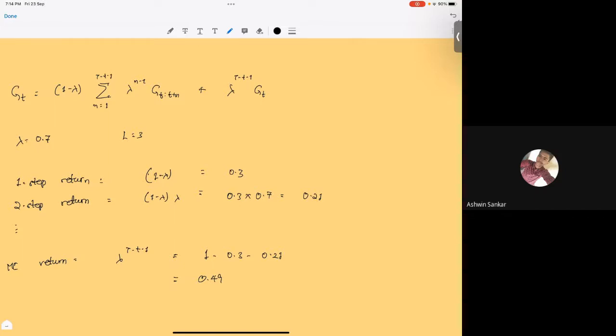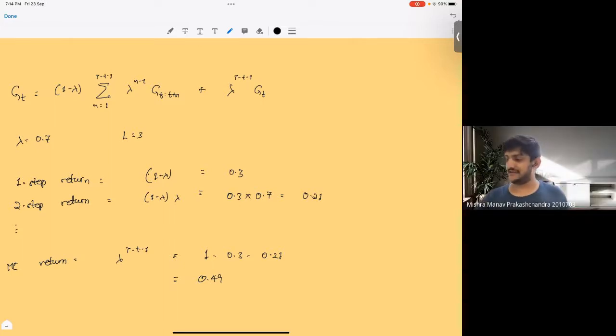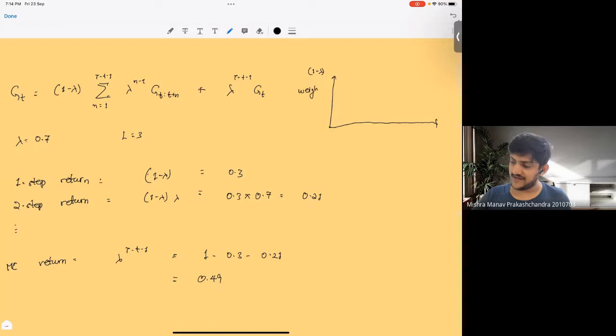What's happening here is, let me draw the plot again. If this is my weightage, so this is 1 minus lambda, this falls like this. If I were to divide this into three partitions, the first partition would be for the one-step return, the second partition is for the two-step return, and the third partition would be for the Monte Carlo return.